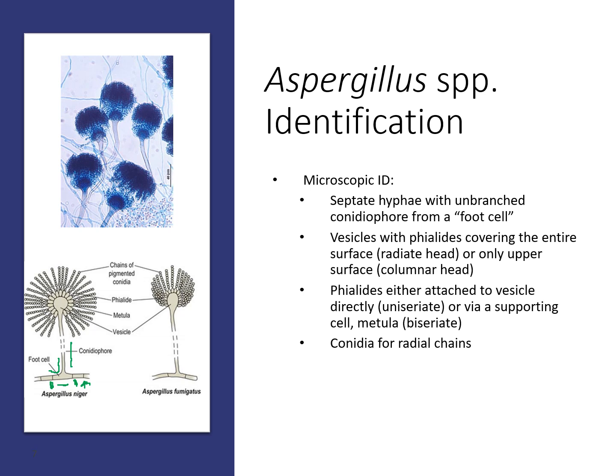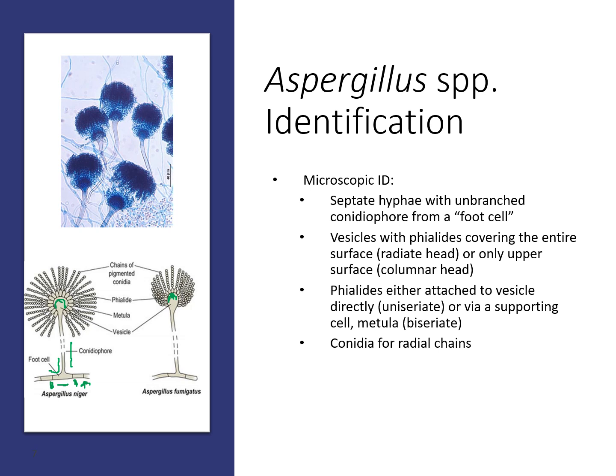Then the vesicle itself, this little radial type head up here at the top, has phialides attached directly to it. You can see in this image over here the phialides attached directly to it, like little finger projections coming off.